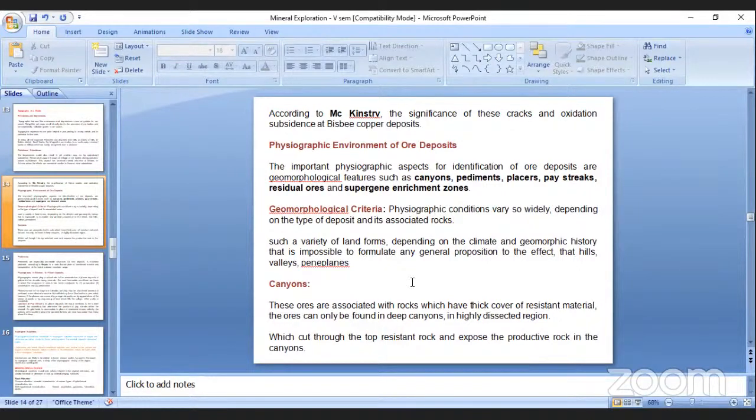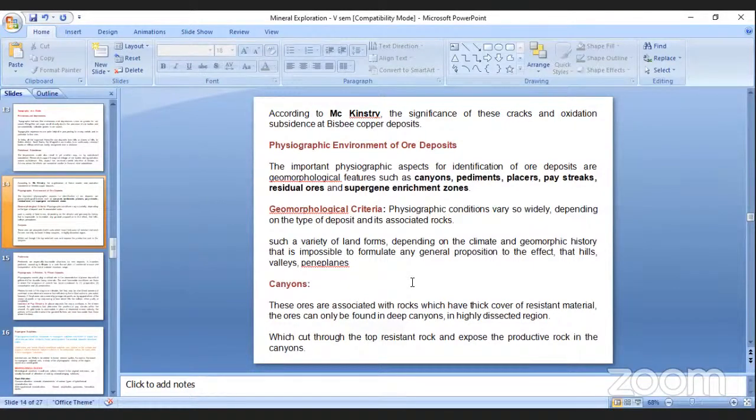And what about the physiographic environment of ore deposits? The important physiographic aspects for ore identification use geomorphological features like canyons, pediments, placers, pay streaks, residual ore bodies, and supergene enrichment zones.